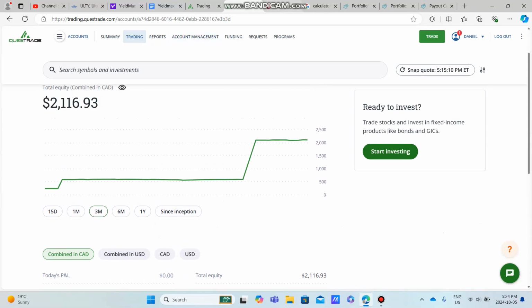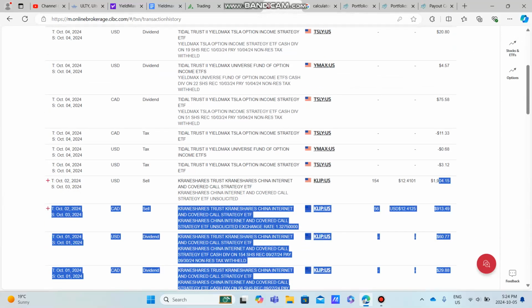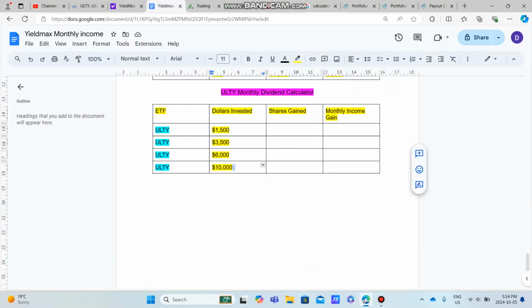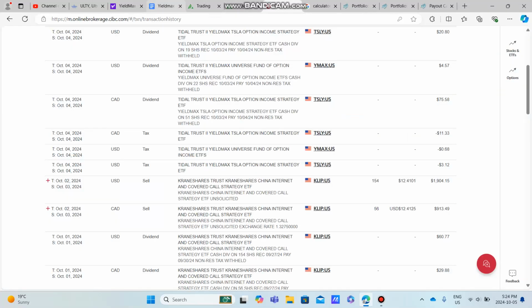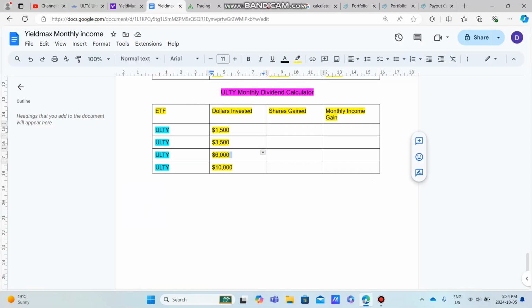As well, I have about $3,500 from selling CLIP. So all in all, with different strategies, maybe I invest $1,500, I can invest $3,500 in my CIBC, I could do $6,000 as a total across all of my accounts, or I could use all of those and some margin to accumulate about $10,000 worth of shares of ULTY.